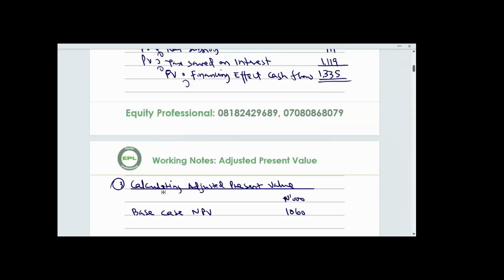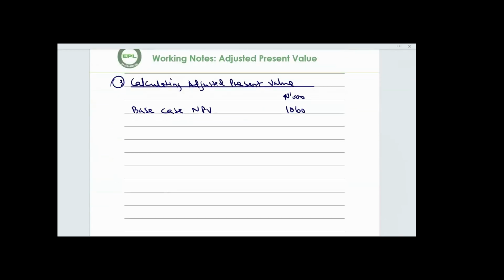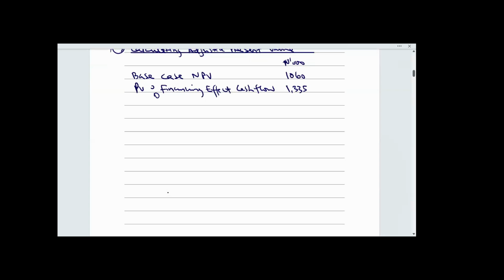Since our financing effect is positive, we are going to add it to the base case NPV, so plus PV of financing effects cash flow, which is 1335. We then add the two together. That will be 2395. That's our adjusted present value.